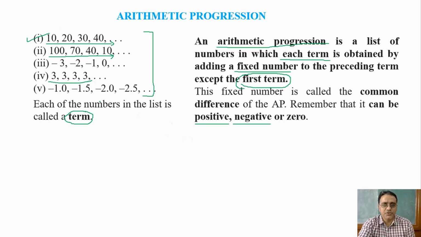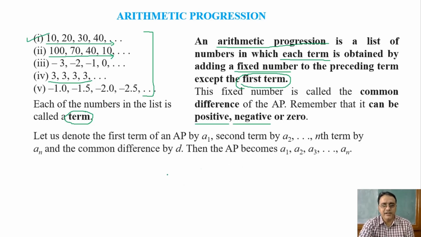Okay. So usually we denote the numbers by A1, A2, A3, A4 like that. Suppose we denote the first term by A1 and the second term by A2 and so on up to the nth term by An, and the common difference by D. So the AP becomes A1, A2, A3, so on up to An.